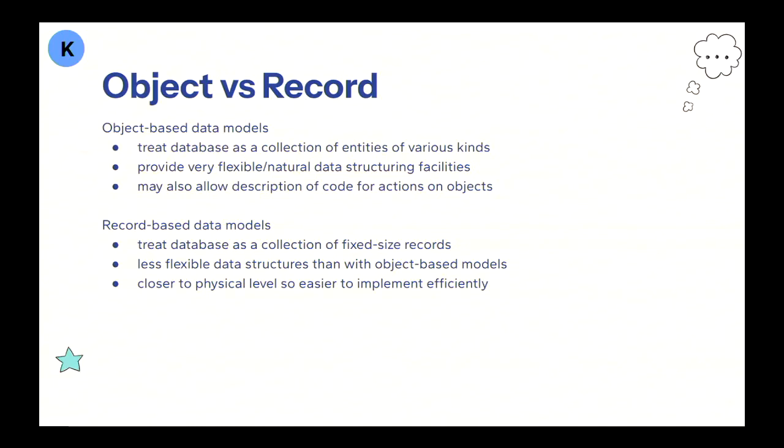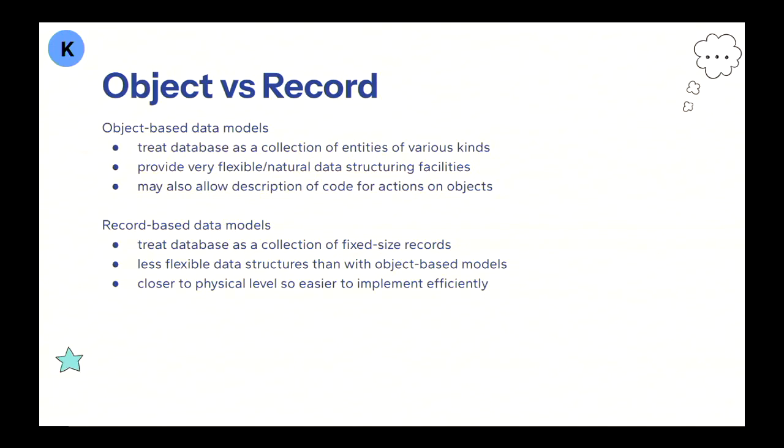And for record-based data models, we treat databases as a collection of fixed-sized records. It is less flexible because a typical example is tables. So if we put things inside a table, whether this thing has a property contained in the column or not, it will need to have that column there. So you can put in null in that column. You can put in empty. You can put an empty value there, but it will always have that column for a record.